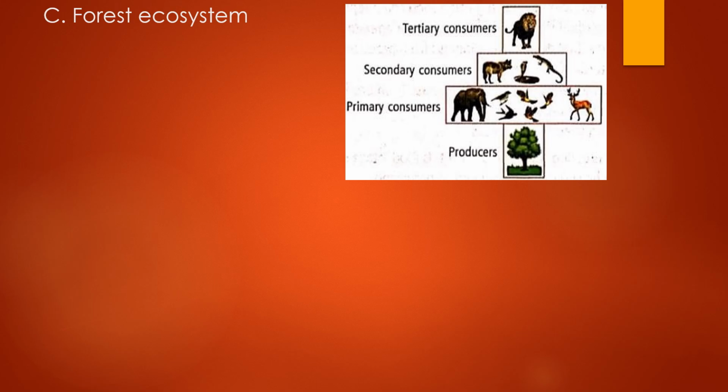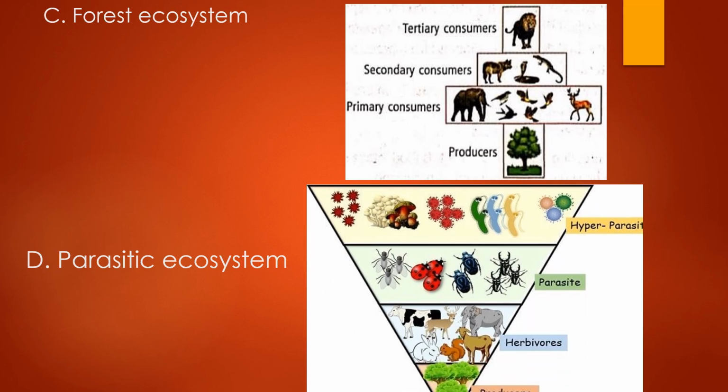Okay. Then next one is the parasitic ecosystem. In the parasitic ecosystem, you see it is an inverted pyramid, because one plant, one producer, supports lots of herbivores. Then one herbivore, an elephant, may contain lots of parasites. So parasites are increasing in number.